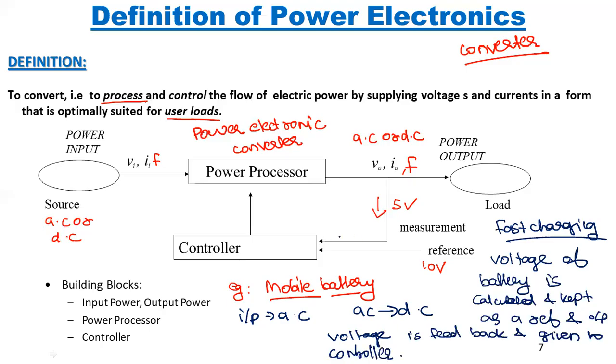So the error is being given to the controller, and then that error is being given to the power converter. So this is what actually happens.